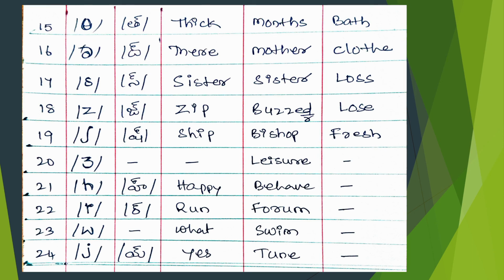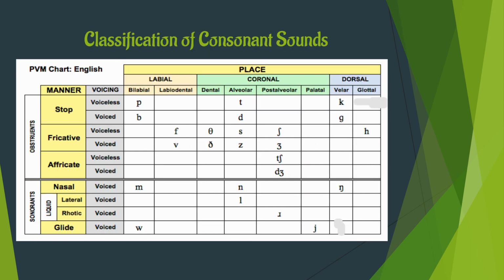Now let us recapitulate what we have learned today. In this video, we discussed the 9 fricative sounds: 2 labiodental fricatives, 2 alveolar fricatives, 2 post-alveolar fricatives, and 1 glottal fricative. Out of these 9 fricatives, 5 are voiceless and 4 are voiced.